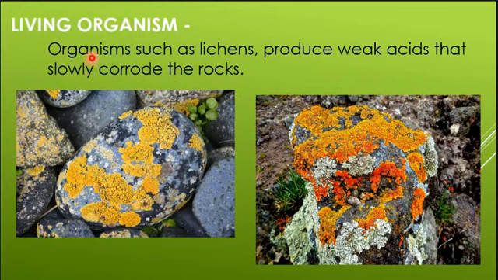Yan. Now, next we have here living organisms. So, organisms such as lichens produce weak acids that slowly corrode the rock. So, may mga organism kasi na ginagawang tirahan, no? Dito sila kumakapit sa mga bato.